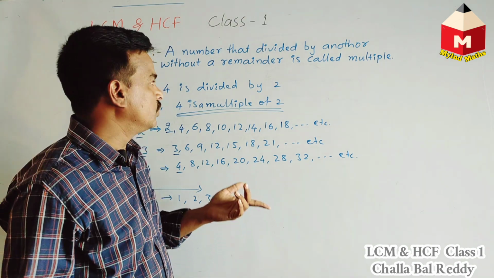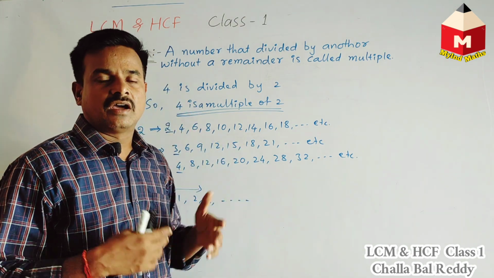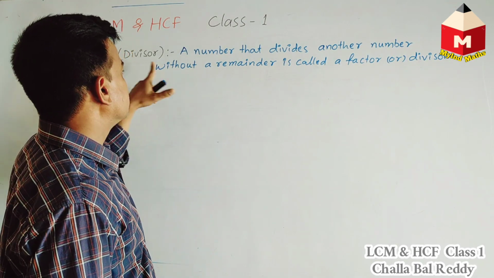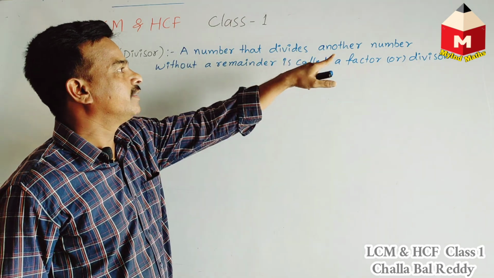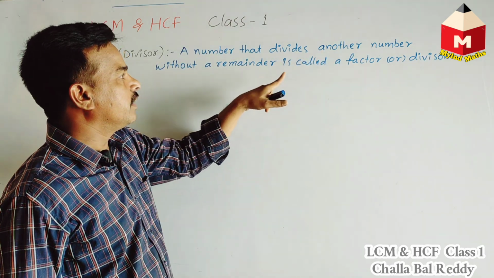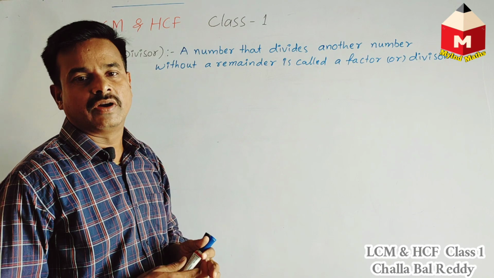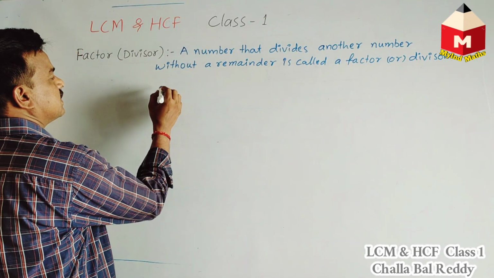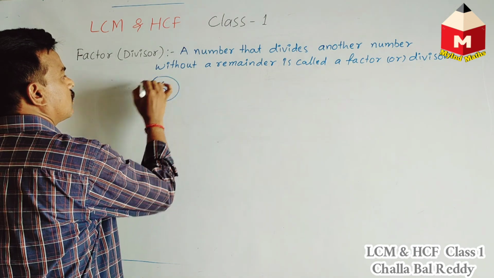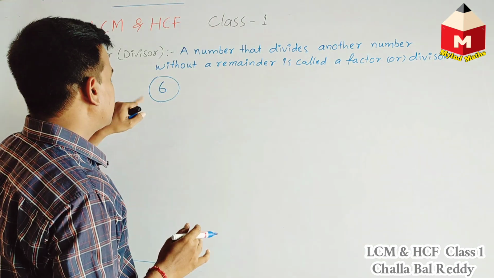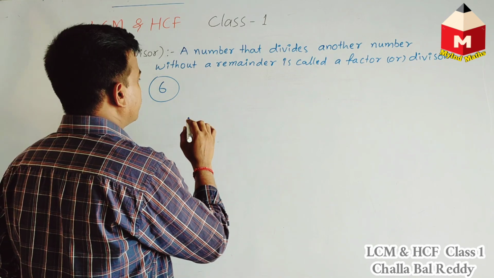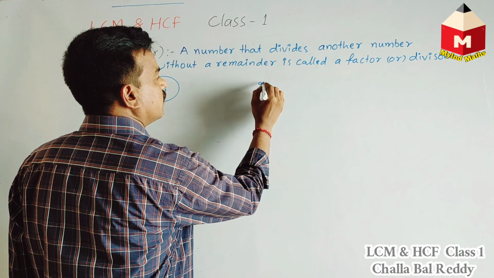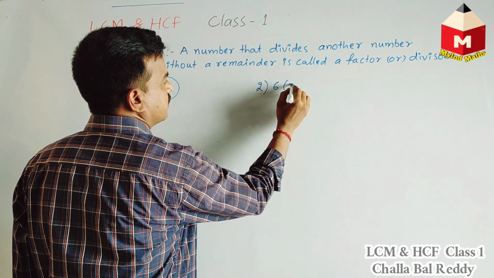Now we learn about factors or divisors. The definition: a number that divides another number without a remainder is called a factor or divisor. I'm taking one example, 6. Here 2 divides 6. 2 times 3 is 6.